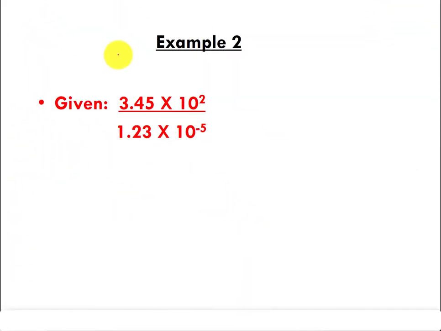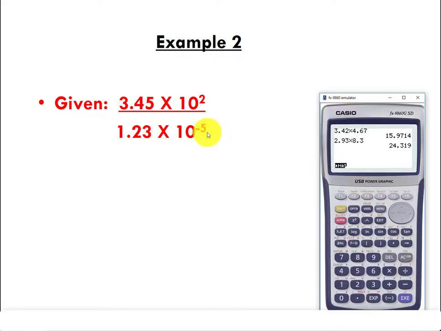Alright, next example. I have 3.45 times 10 squared divided by 1.23 times 10 raised to negative 5. Alright, first, let's divide 3.45 by 1.23.